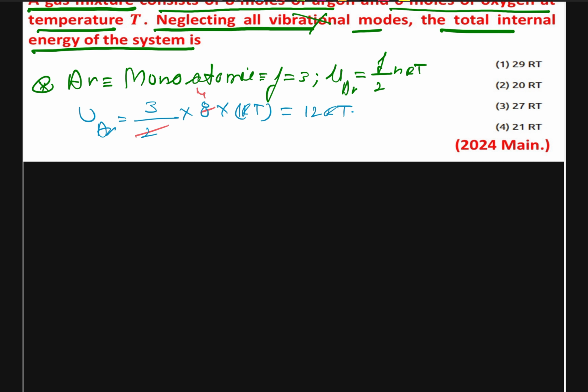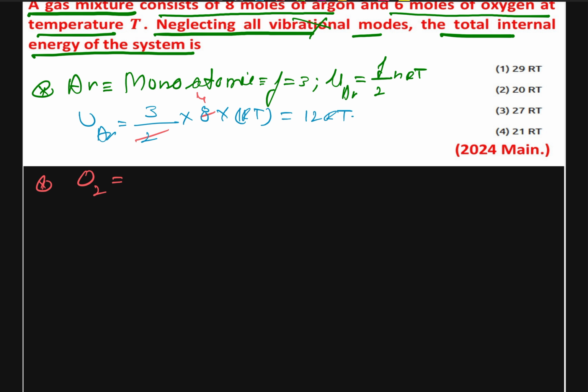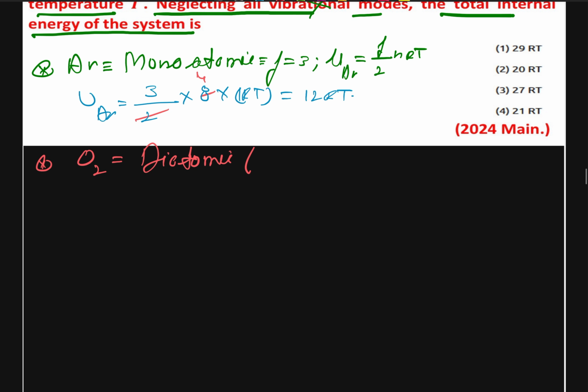Next is our oxygen. Same thing we are going to repeat for oxygen also. So we have our oxygen, which is our diatomic. And for diatomic, there are no vibrational modes.